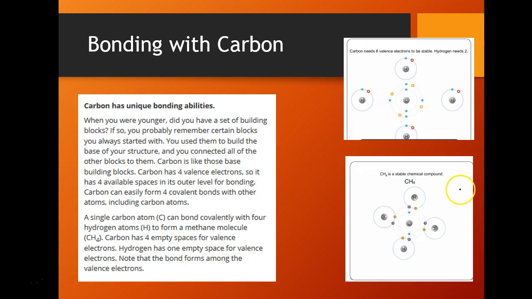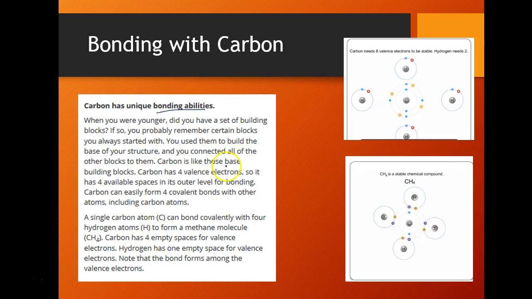So now that we know how bonding with other atoms makes atoms more stable, let's go ahead and look at carbon specifically. Carbon is really unique because of its bonding abilities. When you were younger, you probably played with a set of building blocks, and oftentimes if you were to build a house or even a train or a car, you would have some sort of base, and from that base you would start building off of it.